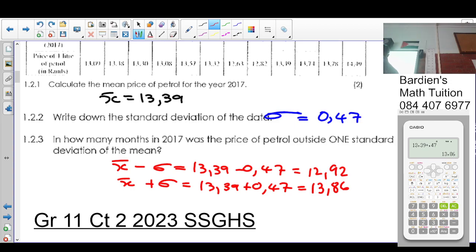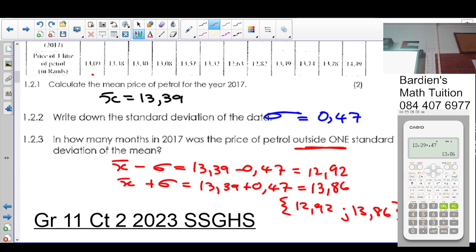Okay. So how many values lie within? So the first value is 13.09. Is it inside or outside? Remember, this is the range. The range is from 12.92 to 13.86. The question says how many months the price of petrol was outside one standard deviation. So anything lower than 12.92 and anything higher than 13.86 is what is considered.